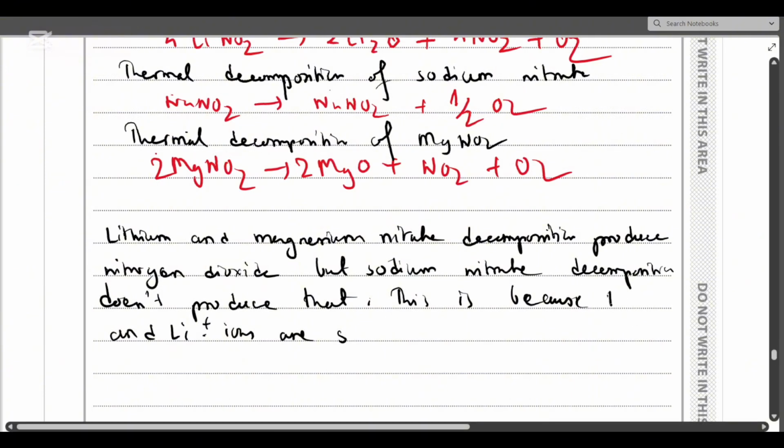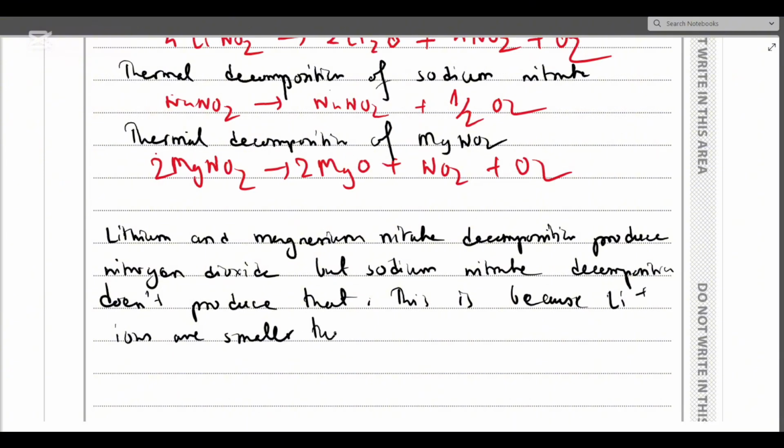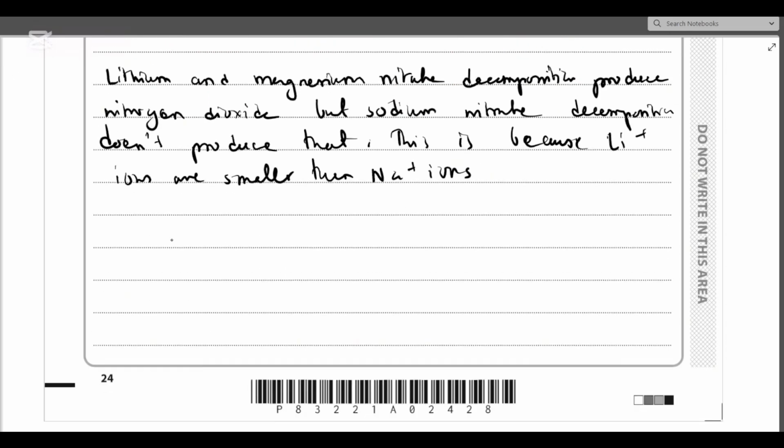So you can say this is because lithium ions are smaller than Na+ ions. This literally means, according to Fajans' rule, we know the charge density formula, charge by r squared. Since the ions are smaller, that means the charge density of lithium will be greater than sodium.